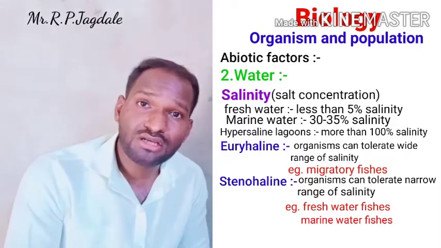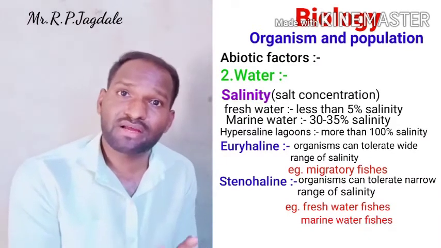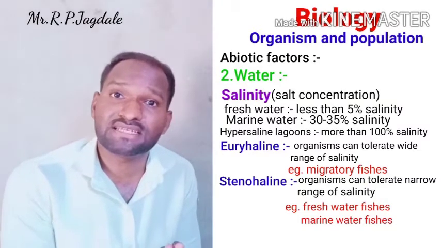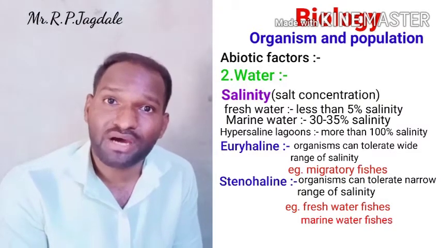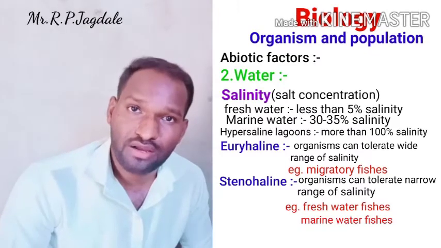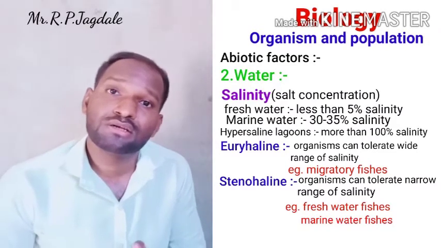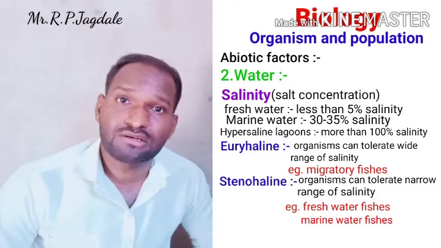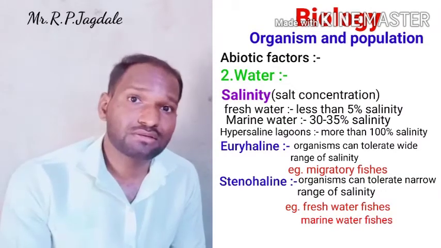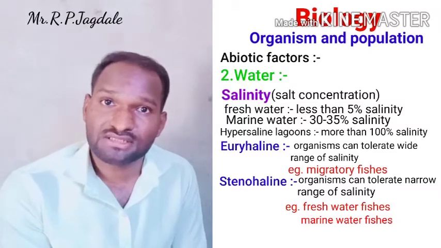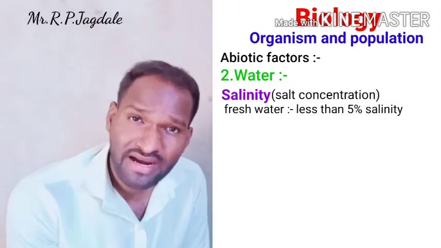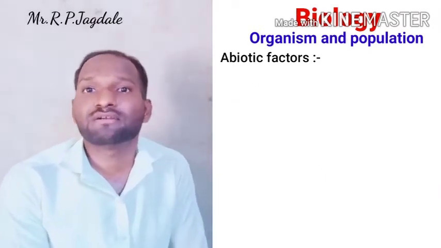In the marine water, 30 to 35% salinity is there, and only then can the marine organisms survive. So this is the narrow range, and in those conditions they can survive. So this is salinity in water, the second factor of the abiotic factors.